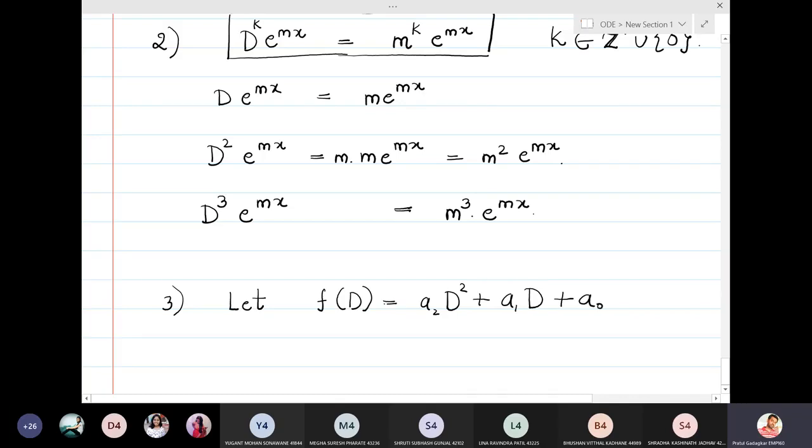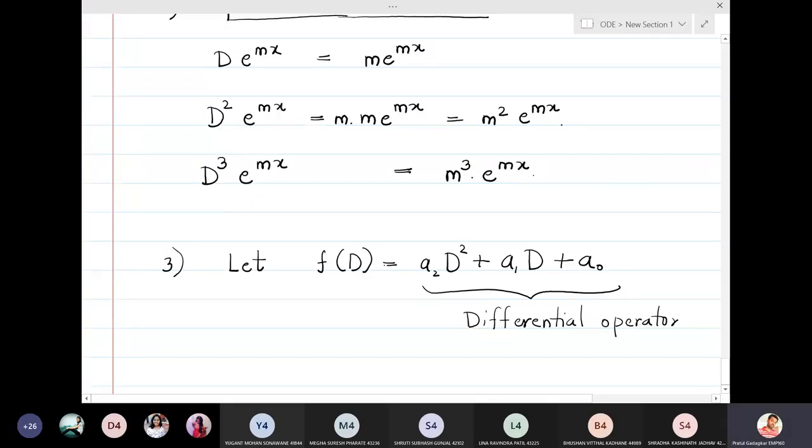This is a differential operator, which we had previously called capital A. This differential operator depends on D, it depends on the derivatives. And a naught, a1, a2 are constants, real numbers.